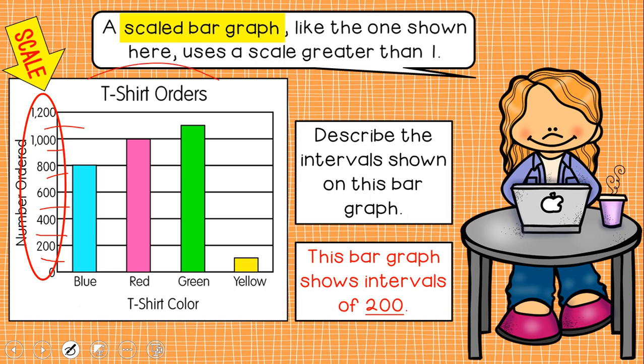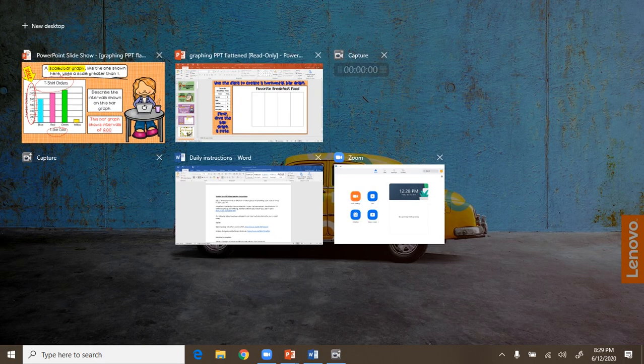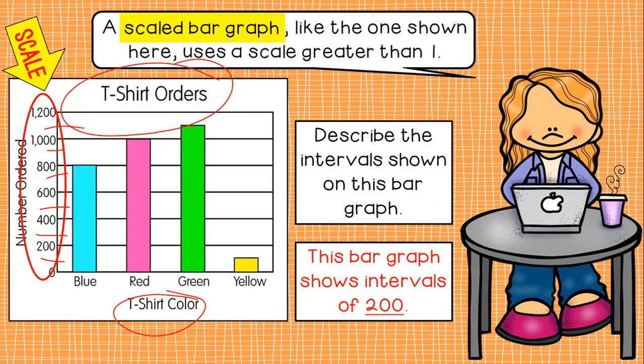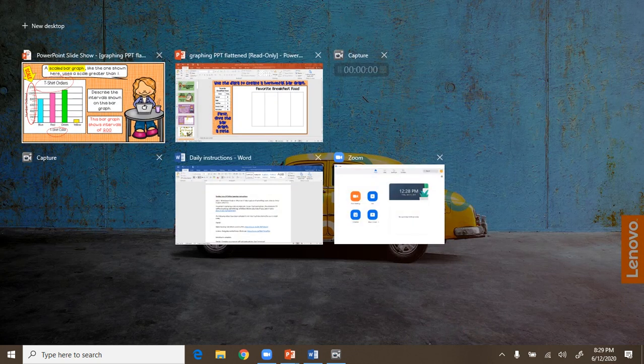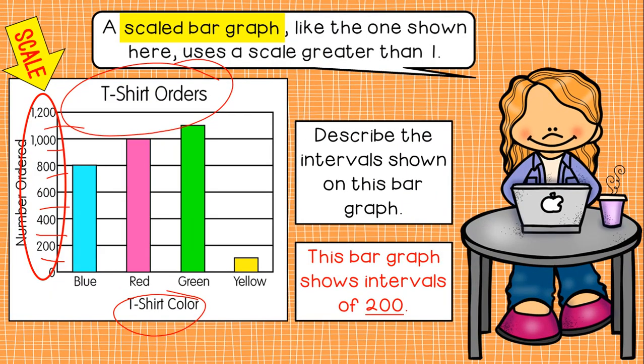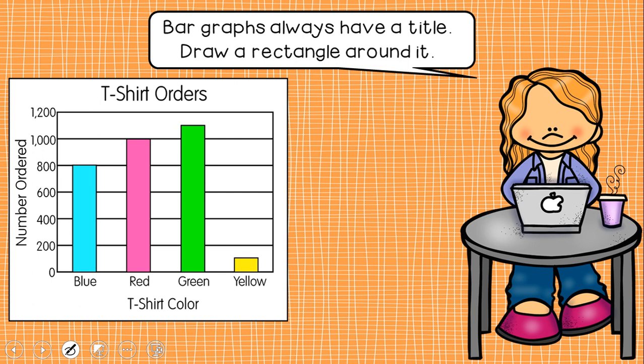So again, we have our title, our labels on the side, our scale, and our other label. So that is what it is.